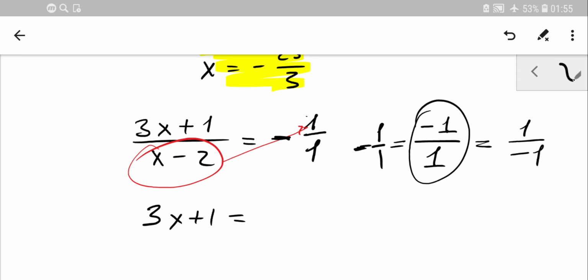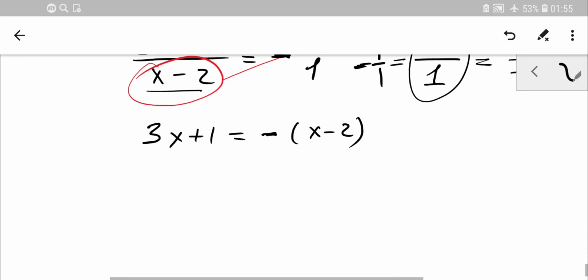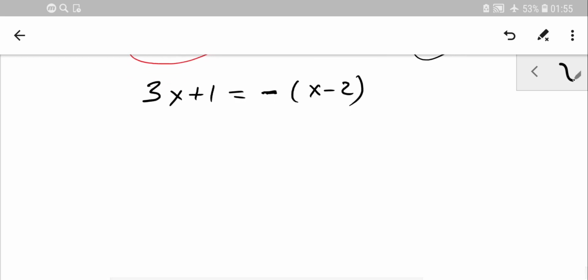So right now what we're doing, we're multiplying -1 simply by x minus 2. So we write x minus 2 multiplied by -1, but I don't write -1. I just put a minus before the brackets, because multiplication by 1 always gives you a number or your previous expression. So that's why I often use minus instead of -1 times. Okay, so here what we're gonna do, we can write 3x plus 1 and then we expand the bracket.